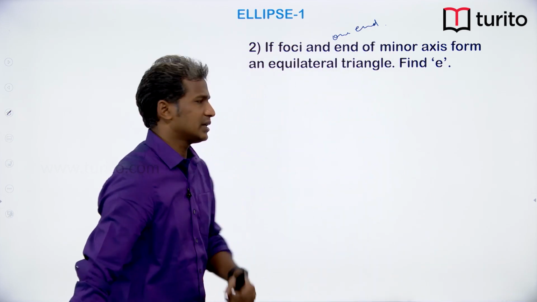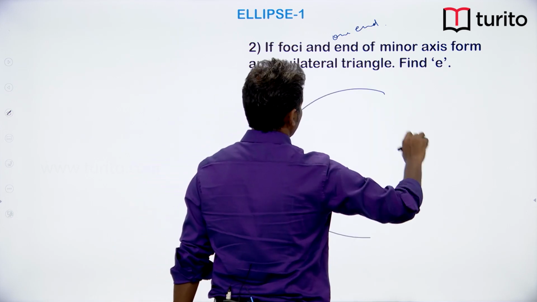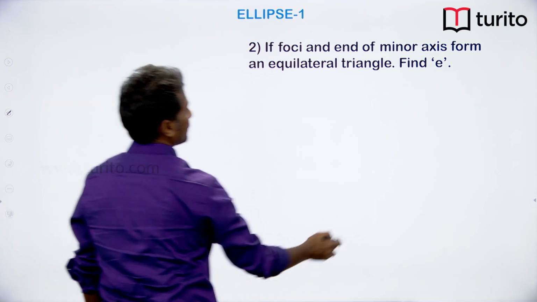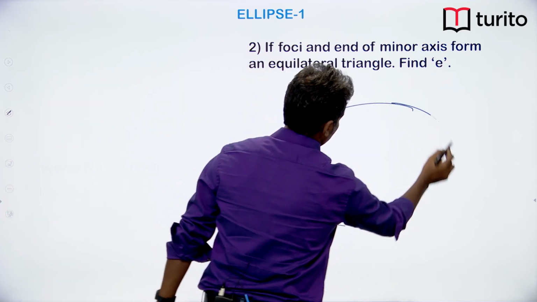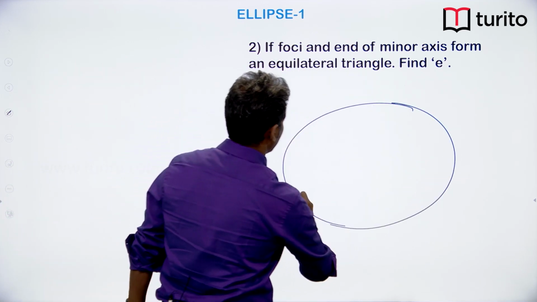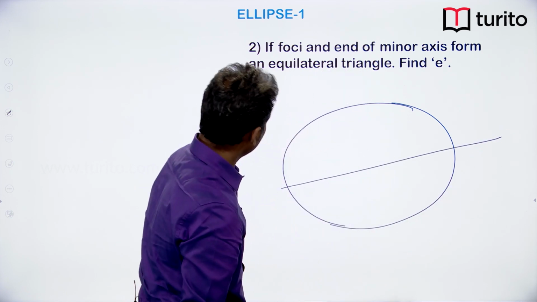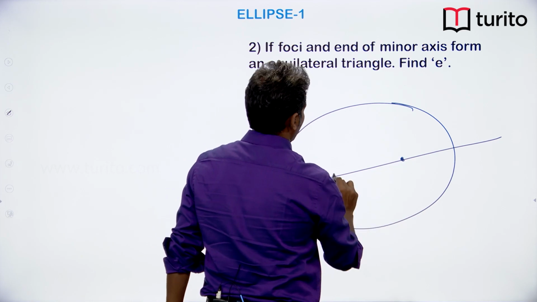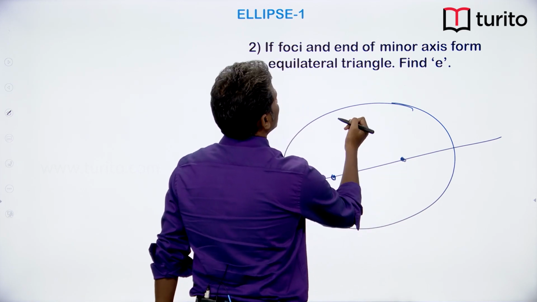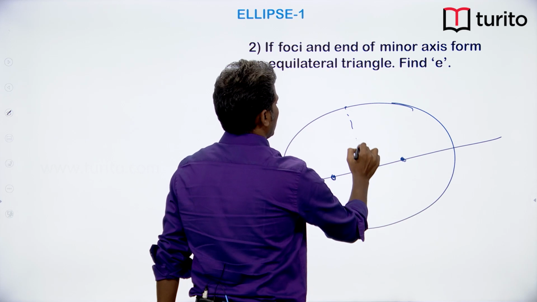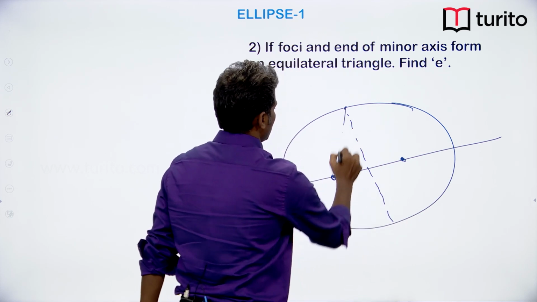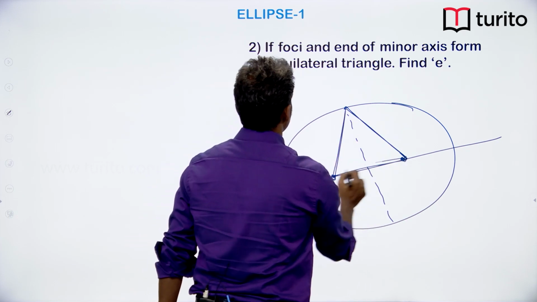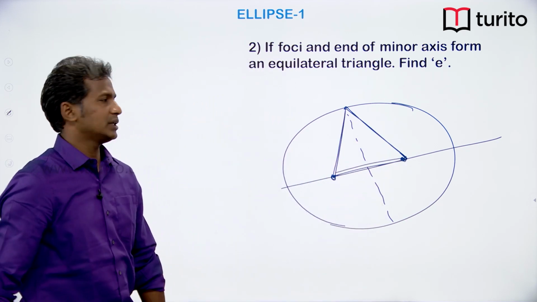So, we can take the standard ellipse. Let us say we have taken one ellipse here. Okay. So, it looks like an ellipse, yes. So, let us say these are my foci and this is the end of minor axis. Now, when I join this point with these 2 points, this triangle must become one equilateral triangle.